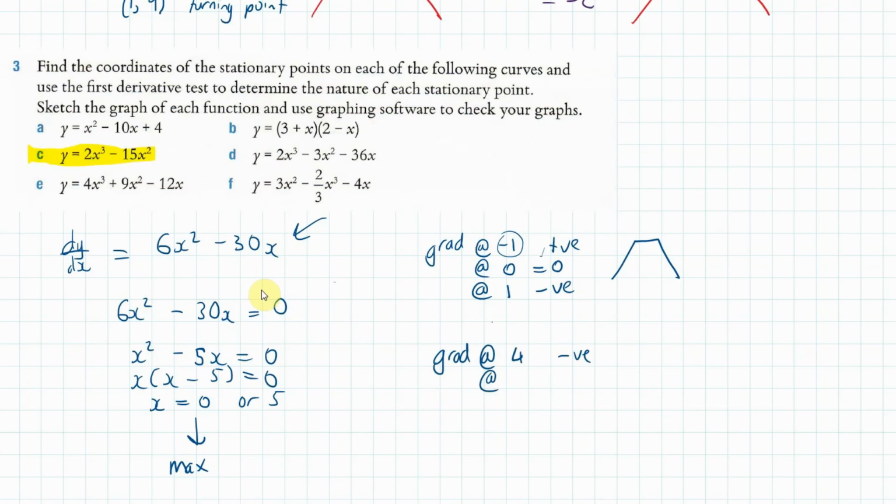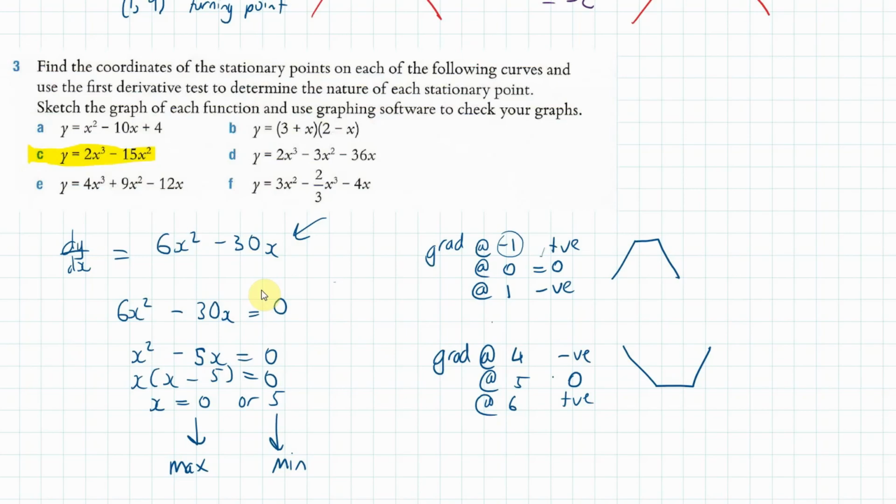And then we know at 5 we've got a 0 gradient, and then we chuck in a 6. The gradient at 6, so we go 6 times 6 squared, 6 times 36, minus 30 times 6, and that gives me a positive gradient. So I've gone negative gradient, 0 gradient, positive gradient. So this one, you can see, is a minimum point. And that's how you use the first derivative test to determine if you have a minimum or a maximum point.